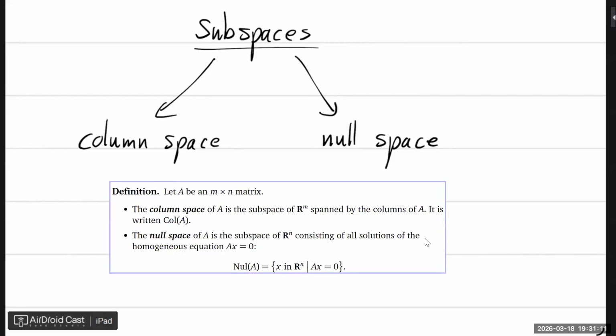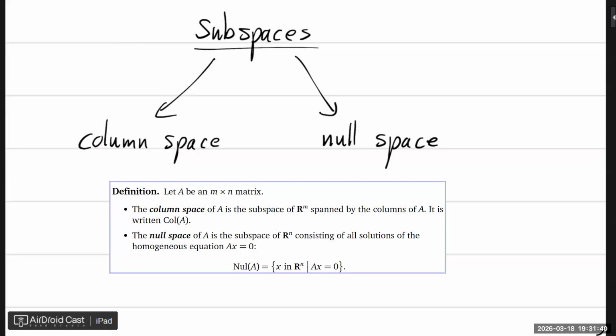The column space of A is a subspace of Rm spanned by the columns of A. It is written as col A, which stands for column space of A. The null space of A is a subspace of Rn consisting of all the solutions of the homogeneous equation Ax equals 0. So for a null space, you actually need to do some calculations.